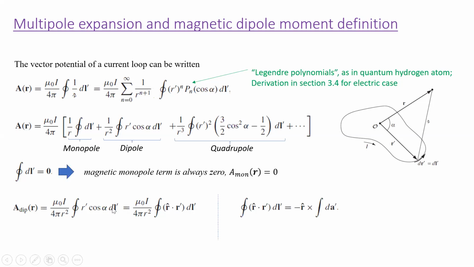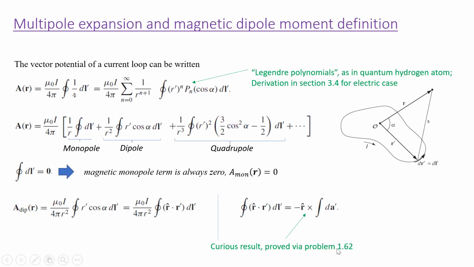And then we come to a somewhat curious relationship that says that the line integral of this r hat dot r prime dl prime can be written as minus the this unit vector cross product with the area, or the directed area, over this loop. Okay, and so I'm not going to prove this here, except to say it's proved.